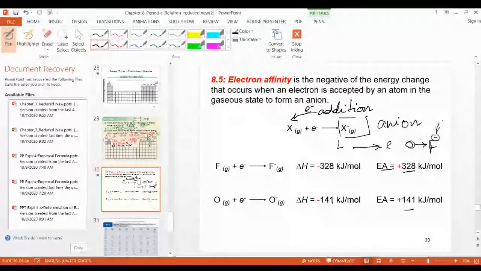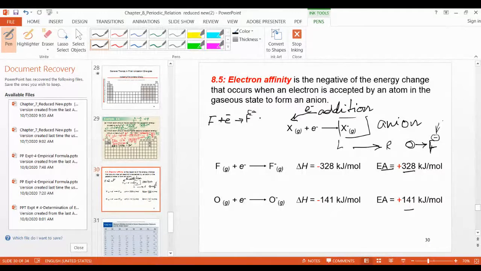All right, same energy. Now look here. Suppose you add an electron to fluorine, then you will get fluoride, F minus, right? Energy is released, negative energy.